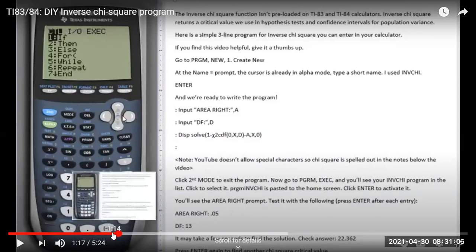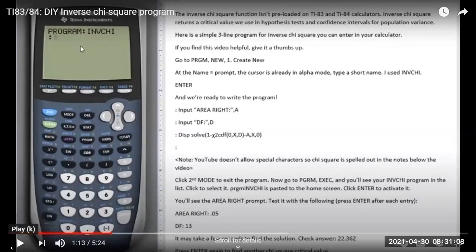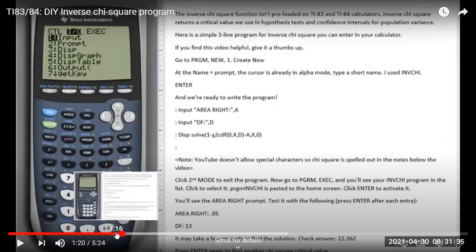Now after program, you go to IO, and then the first one is input. So to get that input, you go to program, IO, input. Let me play it again.